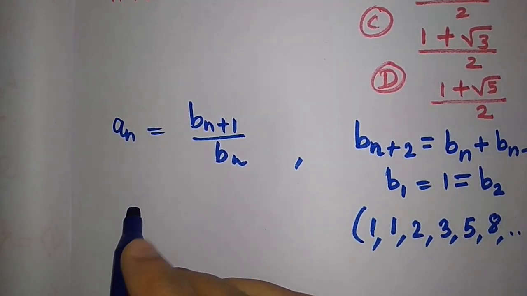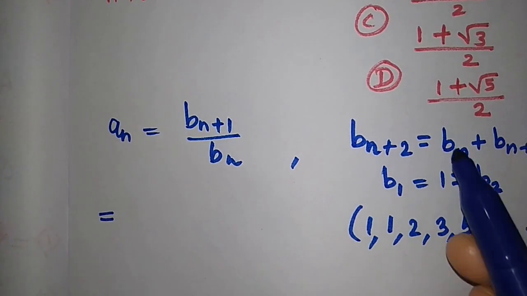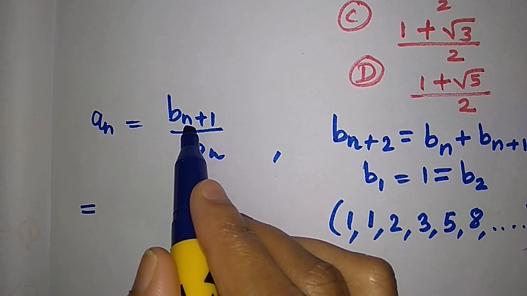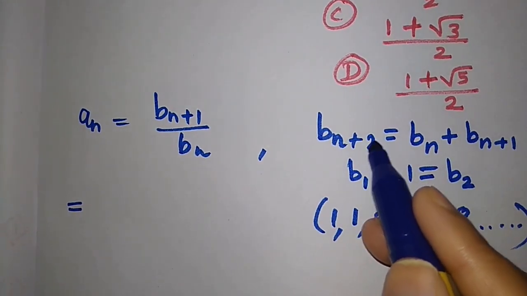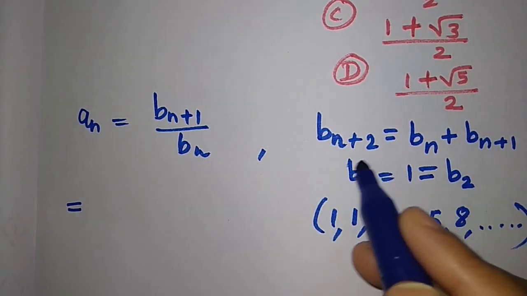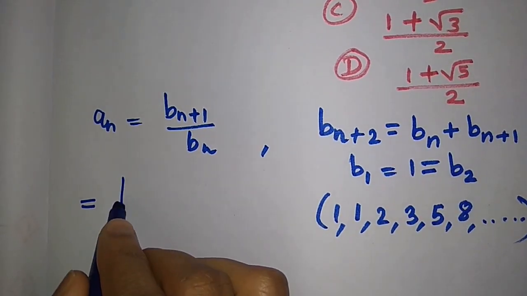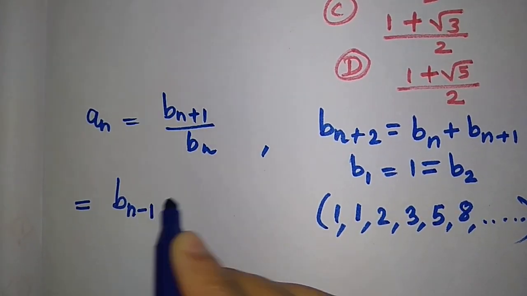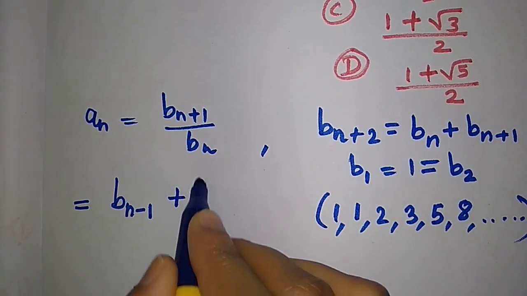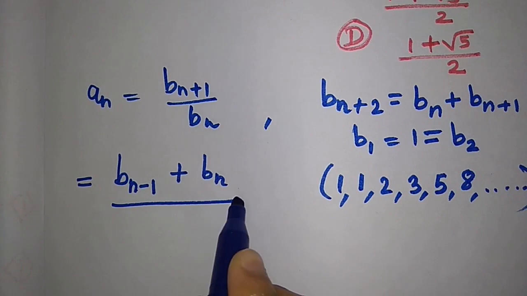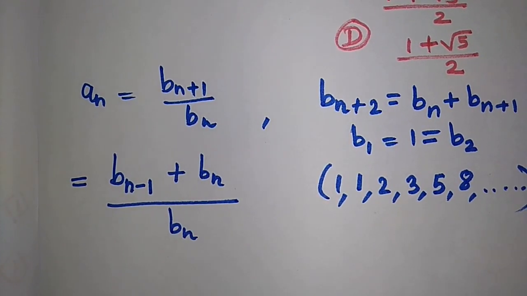Write this bn plus 1 as, by the definition, you just replace this n plus 2 by n plus 1. That means you subtract 1 from these suffixes. So this is just bn minus 1 plus bn, correct? And divided by bn as it is.